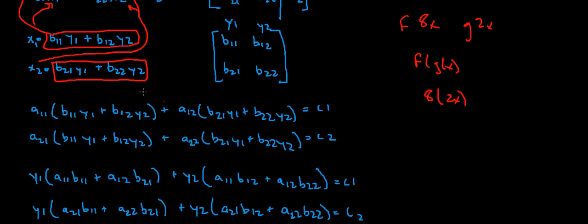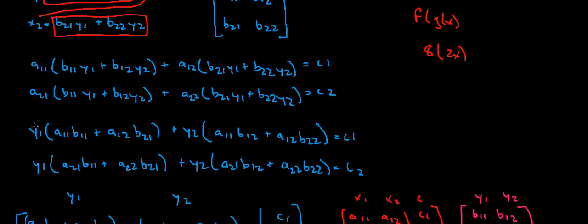And then if I rearrange this and organize it so that the y1 and y2 are together, all I'm going to do is just multiply this out and then rearrange it into this. This is what remains. y1 times (a11 b11 plus a12 b21) plus y2 times (a11 b12 plus a12 b22) is equal to c1, and then the same thing for c2.